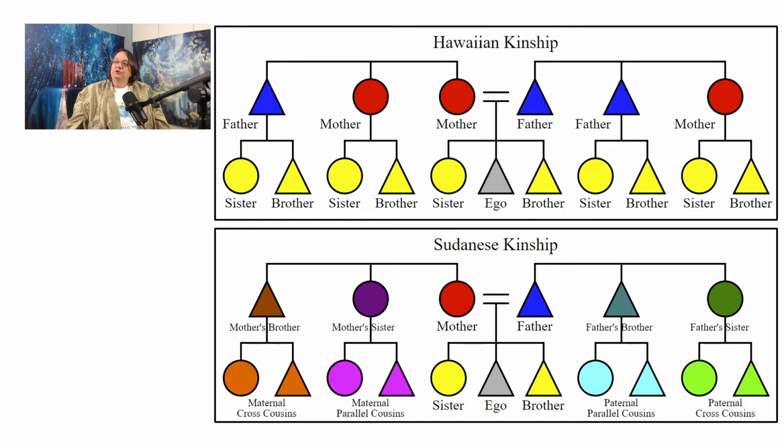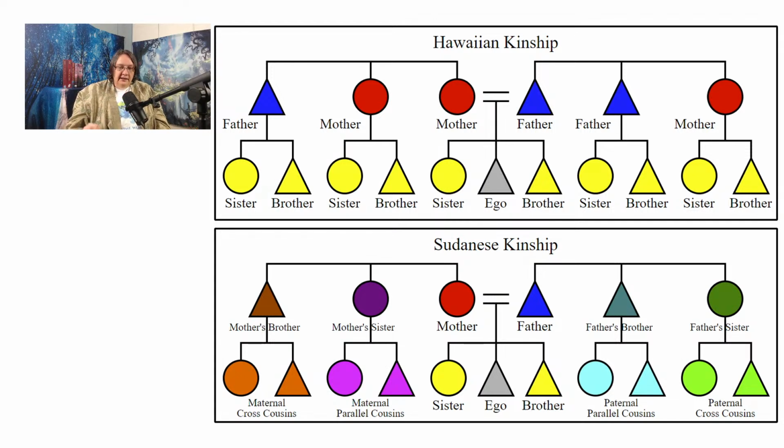Now, the Sudanese kinship is, by contrast, an extremely defined one. Their language, and I'll tell you about the Swedish language as well, which does this too, defines not just this is your uncle, but this is your uncle on your mother's side. This is your aunt on your mother's side. This is your grandmother on your father's side. This is your grandmother on your mother's side, and so on. And then you've got your paternal cousins and your maternal cousins.